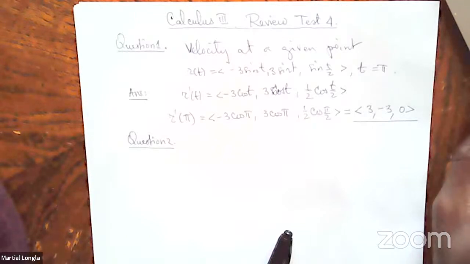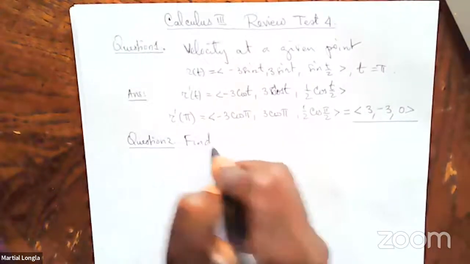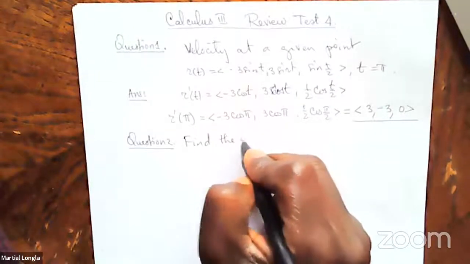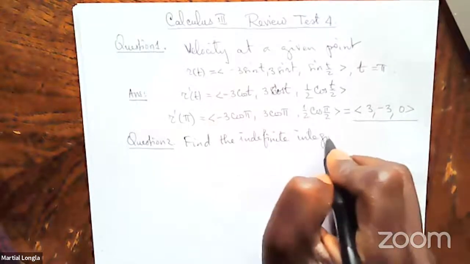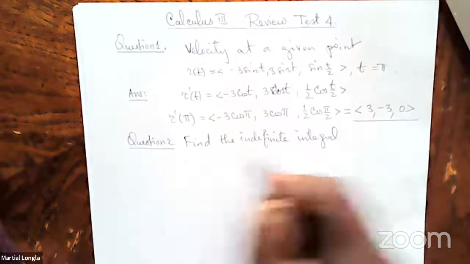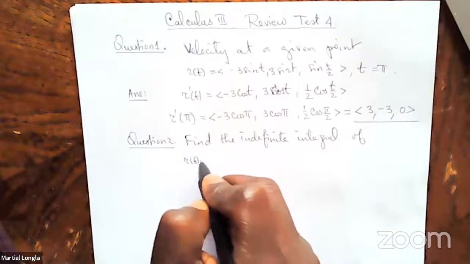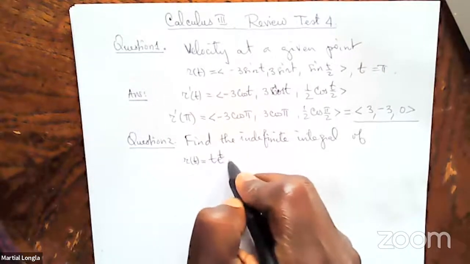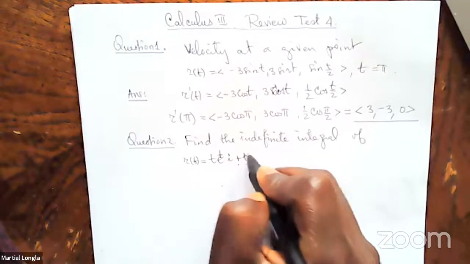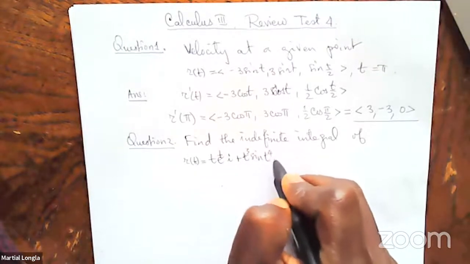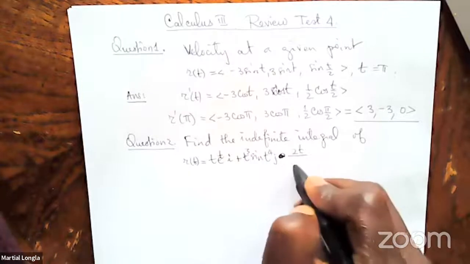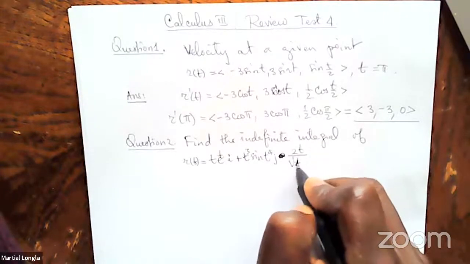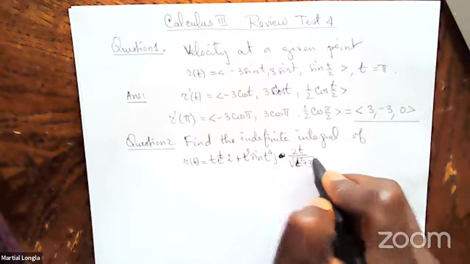So find the indefinite integral of r of t equals t e to the t i plus t cubed sine t to the 4th j minus 2t over square root of t squared plus 3 k.